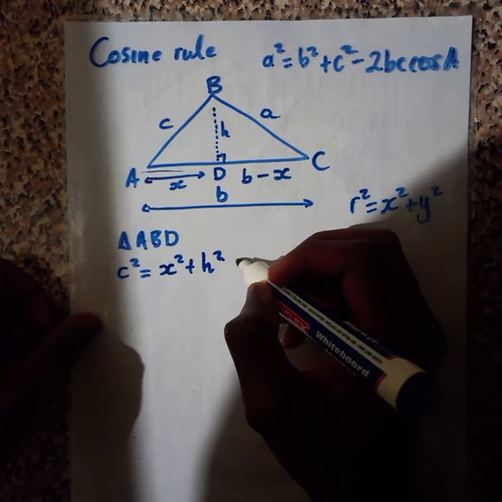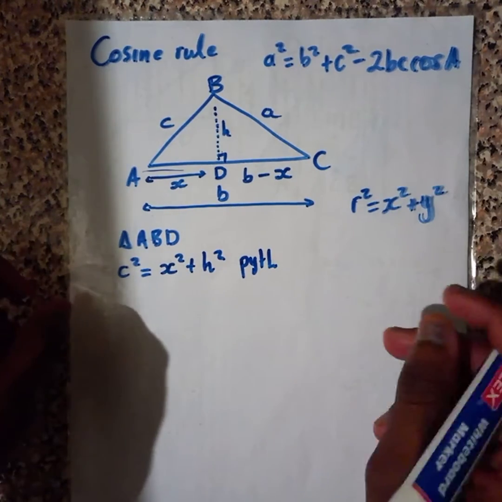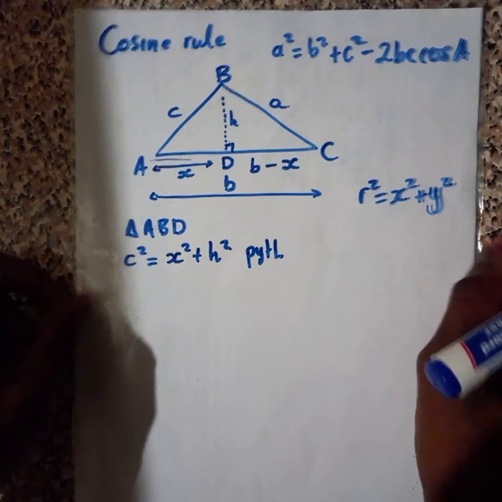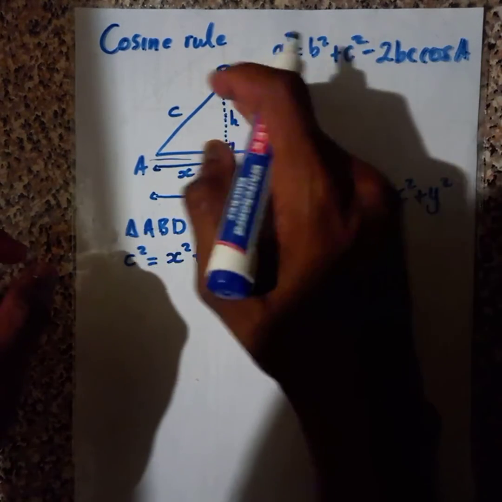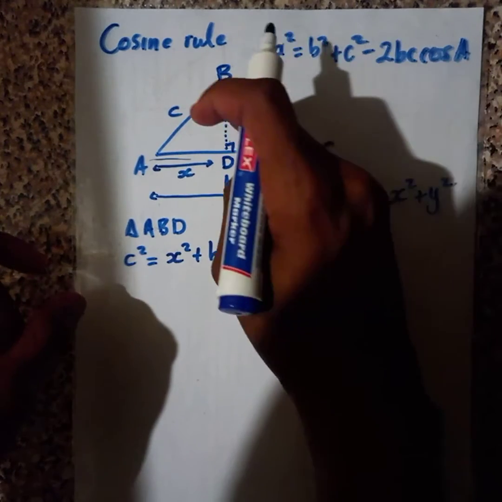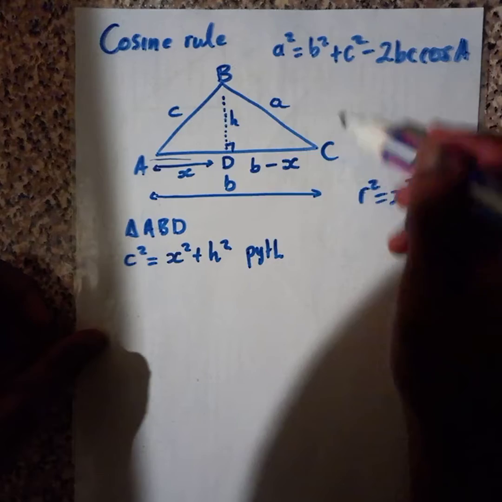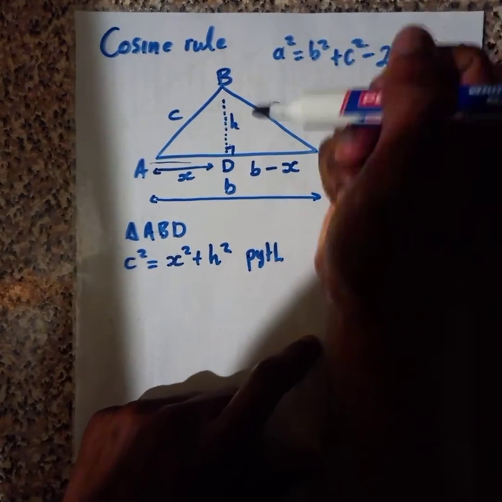See, this is the theorem of Pythagoras. Then at this point, we are going to move to the other triangle and do the same.